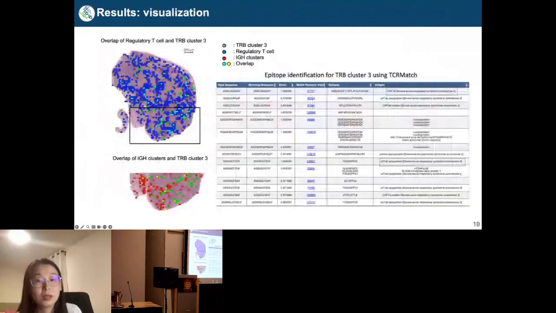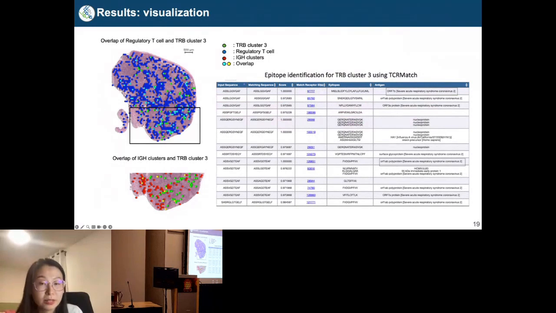By visualizing the clone clusters and the cell proportion on the H&E images, we found that the regulatory T cells and TRB cluster 3 overlap at many spots, especially in the bottom region. In this region, many clones of TRB cluster 3 are either colocalized with or close to the IgH clones we identified.